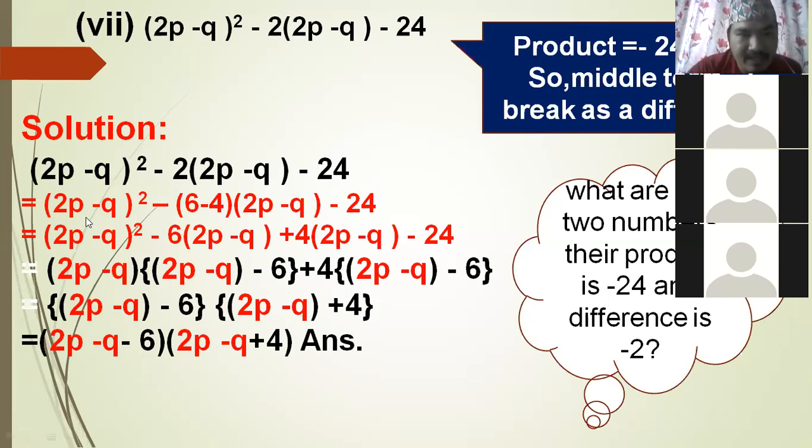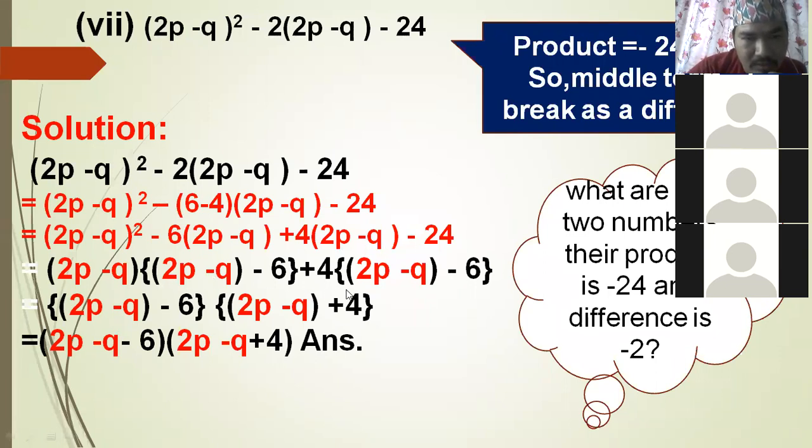And remove the bracket. This minus into plus, it will be, okay, look here, minus into minus, it will be plus. And here 2p minus q is common. 2p minus q is remaining and here minus 6 remaining. In last two terms there is 4 common. Here left 2p minus q, and here is remaining minus 6.